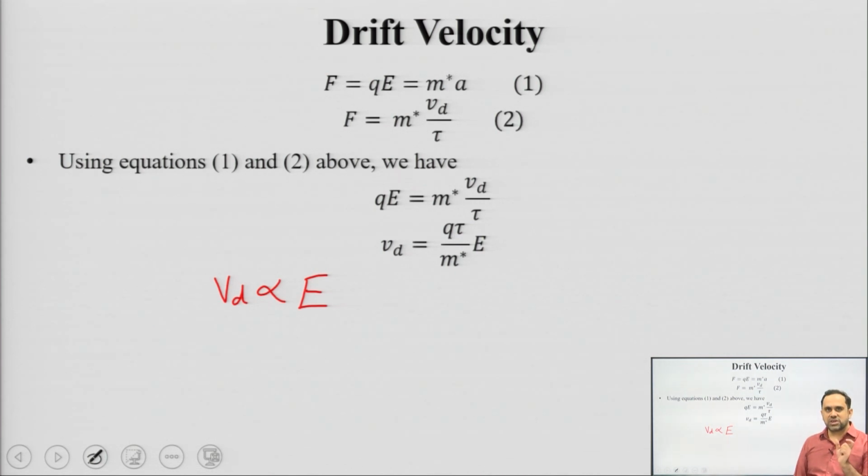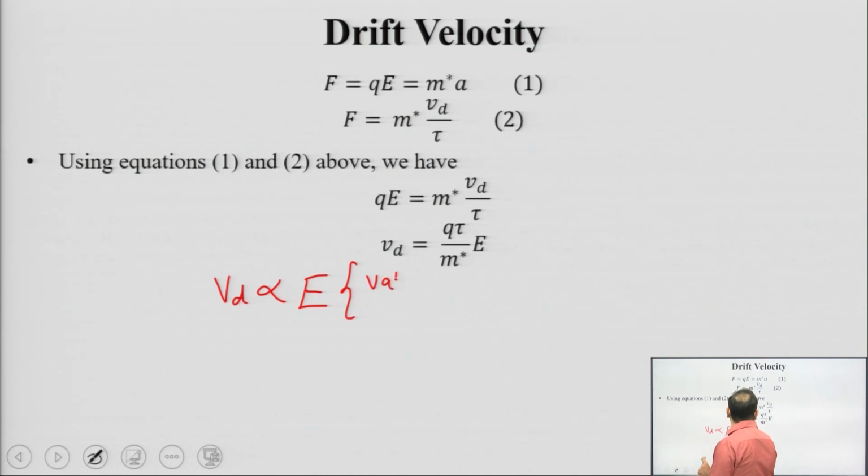Now, this relationship of V d, drift velocity, being directly proportional to the electric field, always keep in mind that this relationship is valid till moderate values of E. Okay.